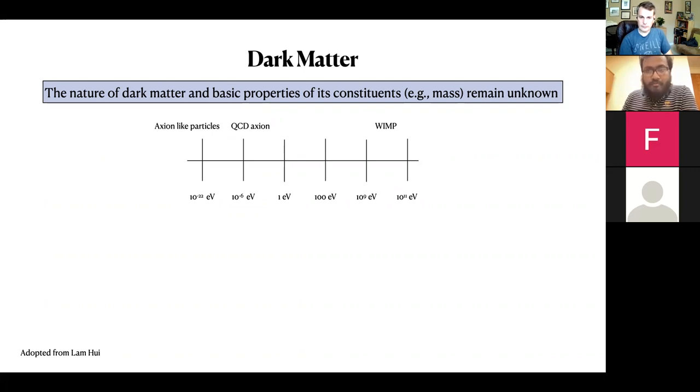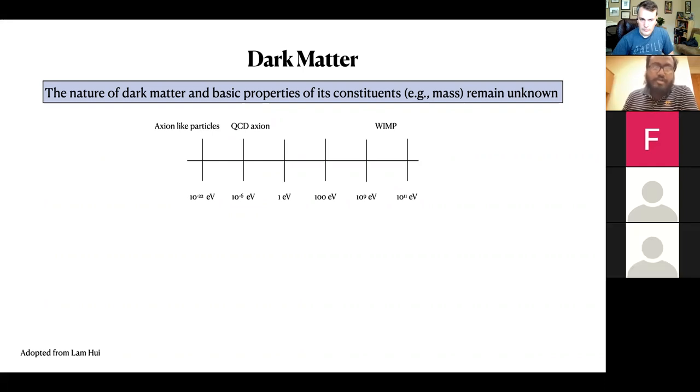And the mass can be like 10 to the power 9 to 10 to the power 11 electron volt. However, it could also be an axion. So it could be a QCD axion, in which case the mass would be somewhere here. And other than that, it could also be axion-like particles, which are also well motivated. And in that case, the mass would be 10 to the power minus 22 to minus 20 electron volts.